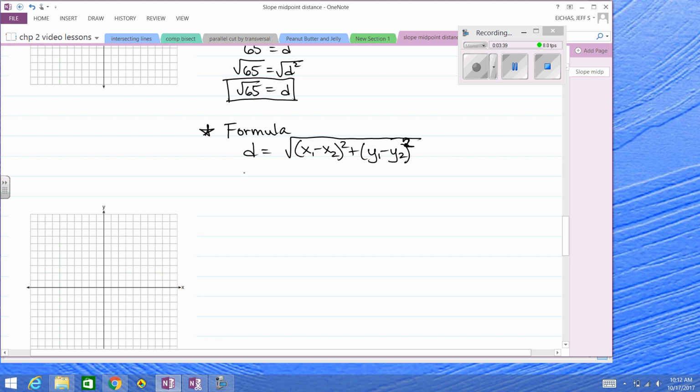And if I were to give you 2 points, here's what I mean. Here's what it would look like. Let's say C is negative 5, 1, and D, we'll just make this up here, is 1, 4. Okay? Here's what it would be. You'd have to understand that that's x1. That's y1. This is x2, and this is y2.